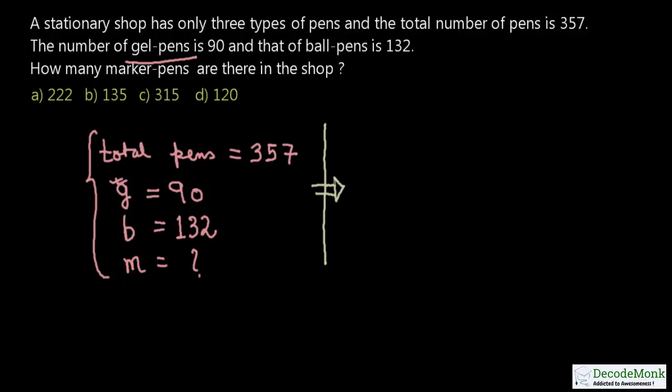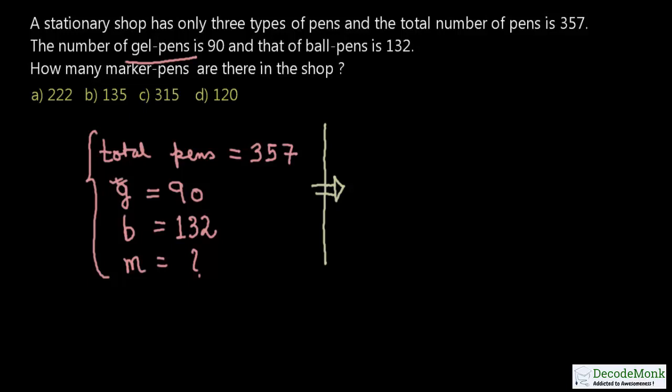So I hope many of you may have solved the question. Let me explain it. So here the total number of pens is 357 and the number of gel pens is 90 and number of ball pens is 132.